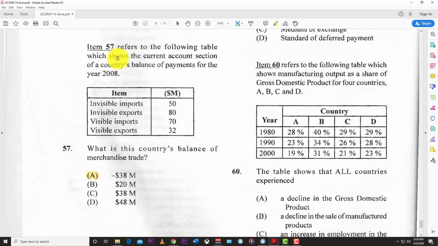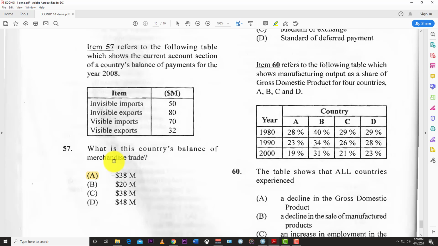57. Refer to the following table, which shows the current account section of a country's balance of payments for 2008. What is the country's balance of merchandise trade? And the answer here is negative 38 million, where you take the visible imports and exports, you take the 32 and then minus the 70, and that's how you got the negative 38.